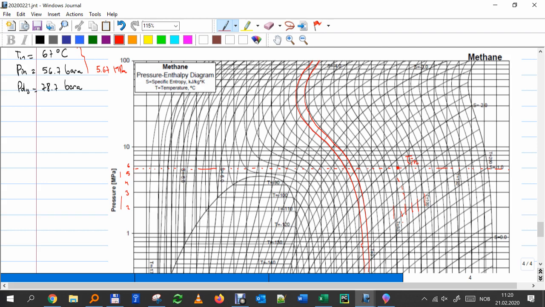I cross with pressure, and I know the temperature lines are these crazy lines doing an S shape. So I find the ones that have 60 and 70. It's between these two, and actually closer to 70. Mark it on the paper.